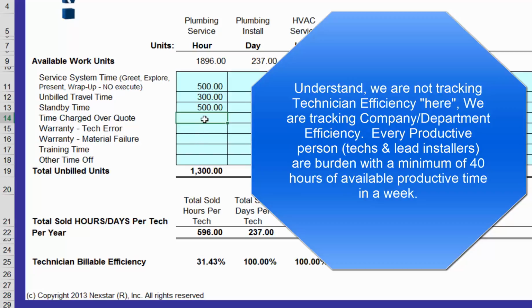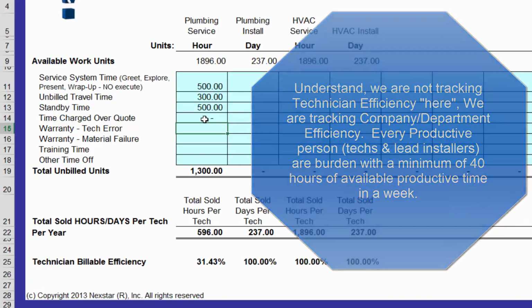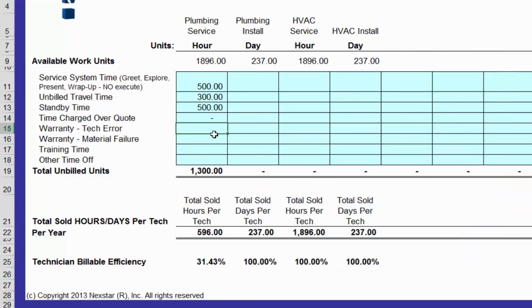Okay, and now time charged over quote. This probably hasn't happened to you, but it happened to me. This is where we would go out and bid a job for an hour, and it took us 3 hours. Like I said, probably never happened to you, so I'll put a 0 in there. Here's another thing that probably never happened to anybody here either, and that is tech error, a callback, or you never had any material.